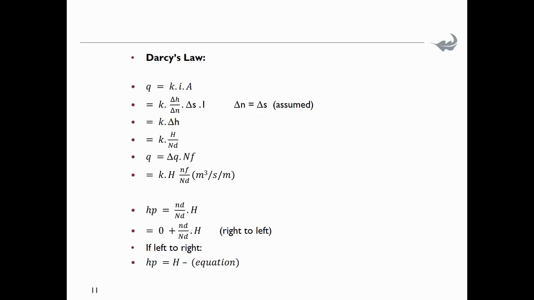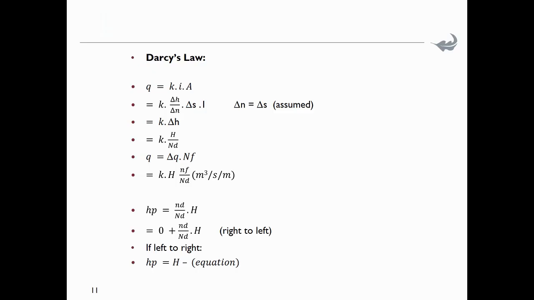We assume that the distance between the flow lines and the equipotential lines are the same, and we end up with this statement: Q is equal to permeability times total head over the specific flow line that you're looking at, over the total number of equipotential lines, measured in cubic meters per second per meter.